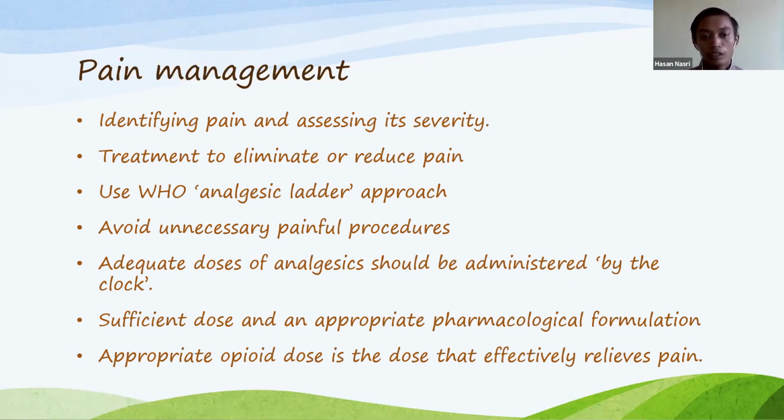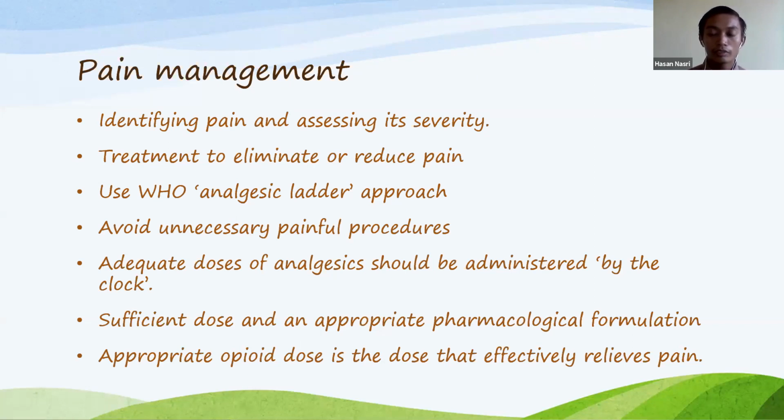Then we give adequate doses of analgesics to be administered by the clock, which means we do not give the analgesia PRN. We give it regularly, for example, 6 hourly or 8 hourly, and we give a sufficient dose in an appropriate pharmacological formulation.